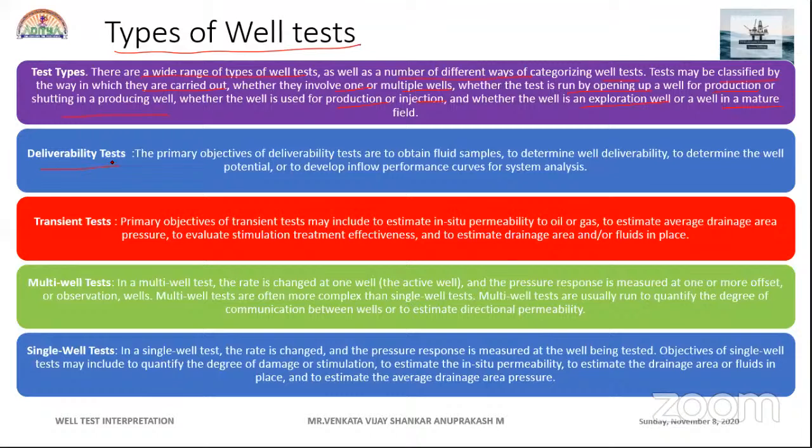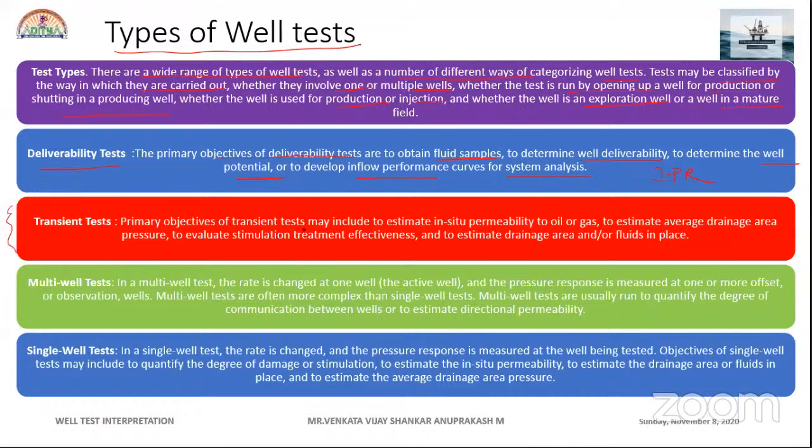Now, what are the deliverability tests? The primary objectives of a deliverability test are to obtain the well deliverability, determine the well's potential, and develop the inflow performance curves, IPR, for system analysis. Next, I told about the transient test.